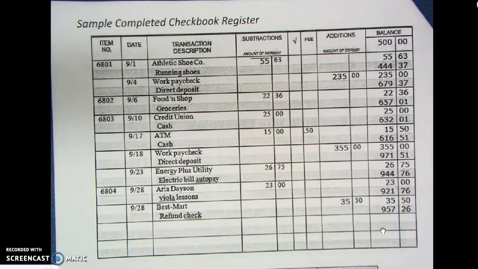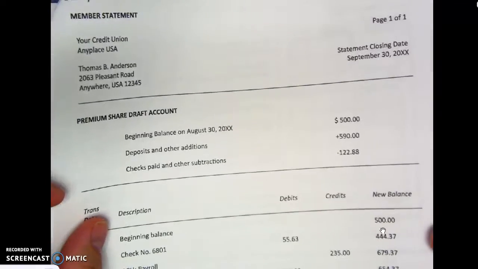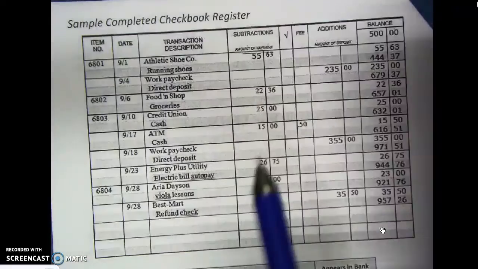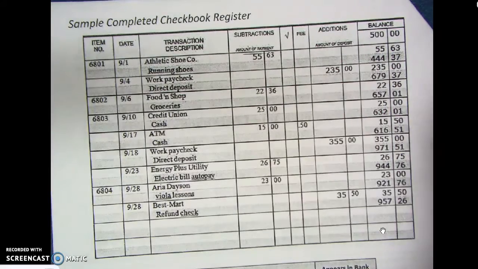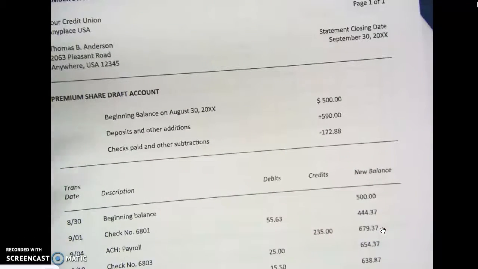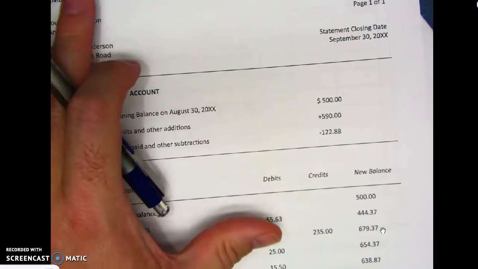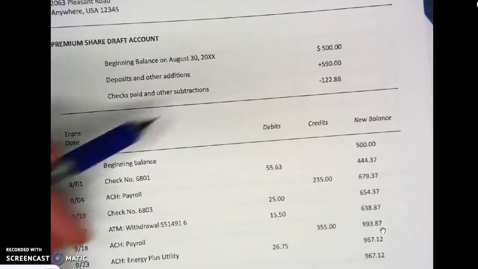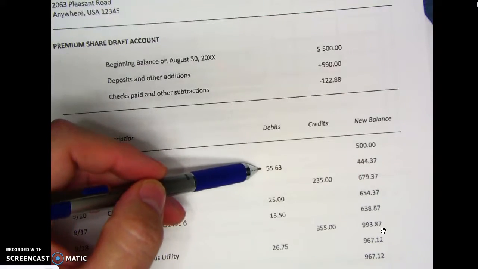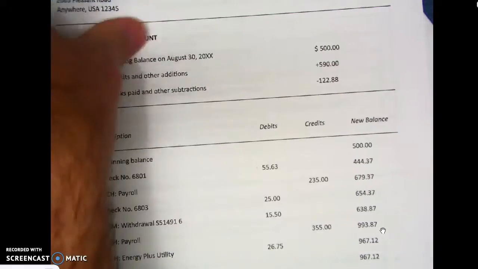The first step that you do in the reconciliation is you simply go through your register and your checkbook. And if it is on your bank statement and on your check register, it is said to have cleared. And so we have this transaction for $55.63.